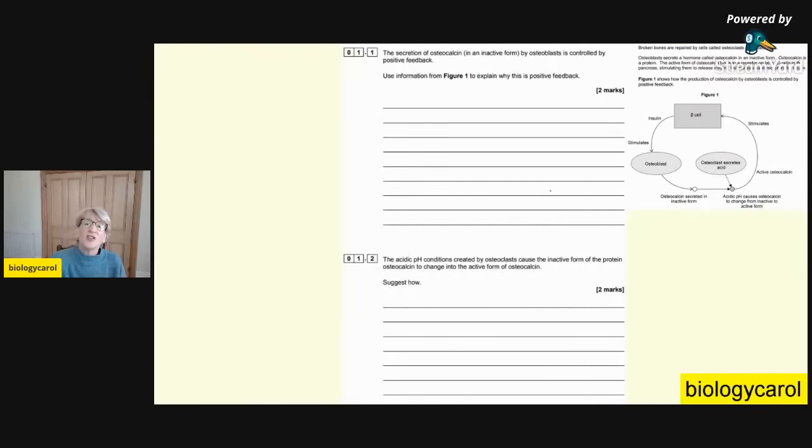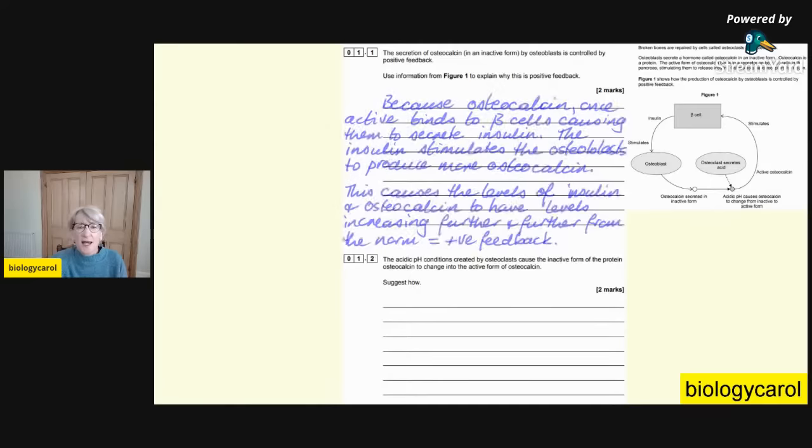And here we have to use the information from figure 1 to explain why this is positive feedback. Well, that is because the production of the active osteocalcin stimulates the beta cells to produce insulin, which then stimulates the osteoblast to produce more osteocalcin, which is pretty much what I have written here.